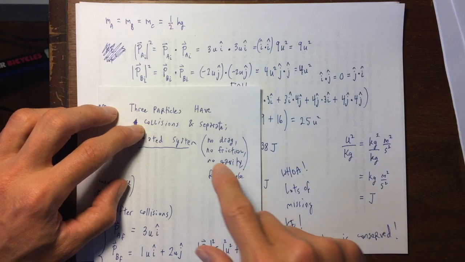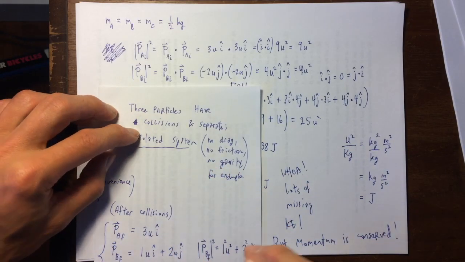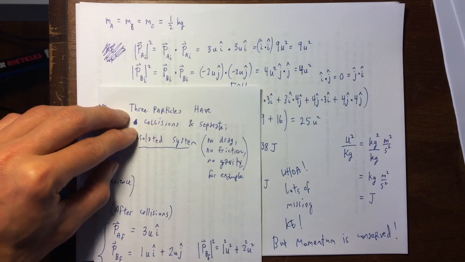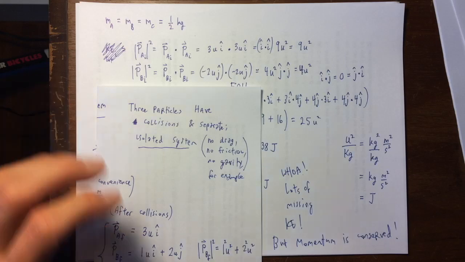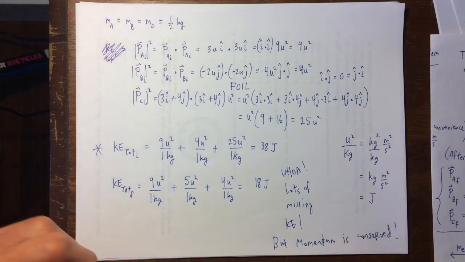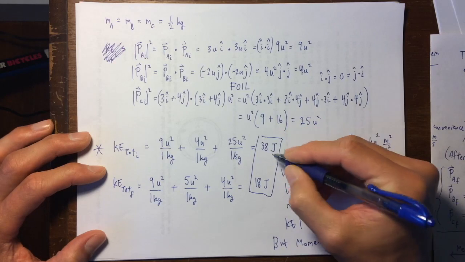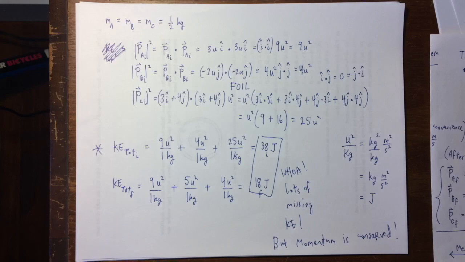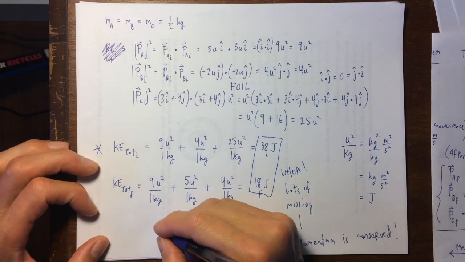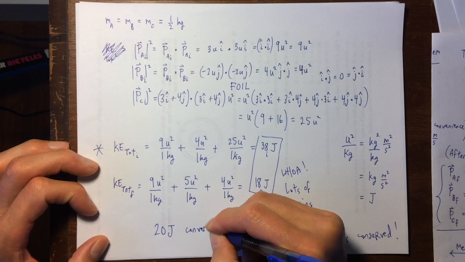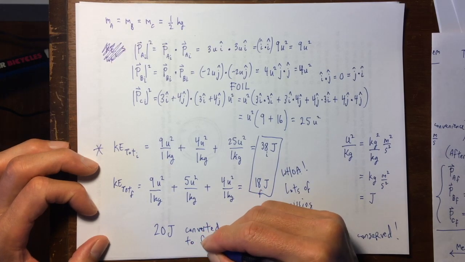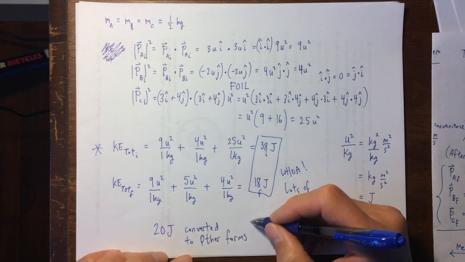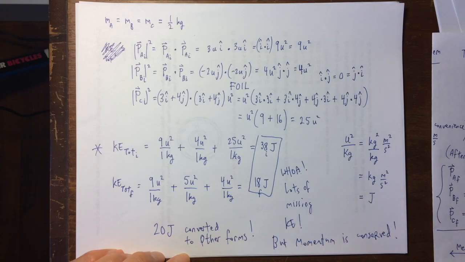Maybe depending on the types of particles these are, maybe light could have been emitted, or maybe the particles warmed up or something kind of interesting like that. But nonetheless, just on face value, this is the initial kinetic energy and this is the final kinetic energy. It looks like 20 joules got hidden. So 20 joules converted to other forms of energy.